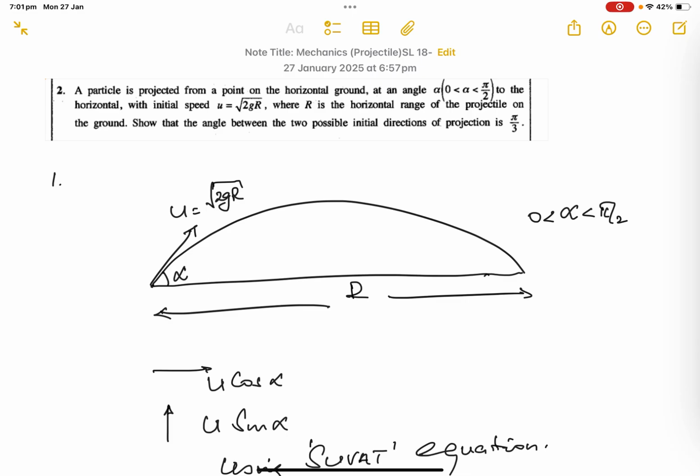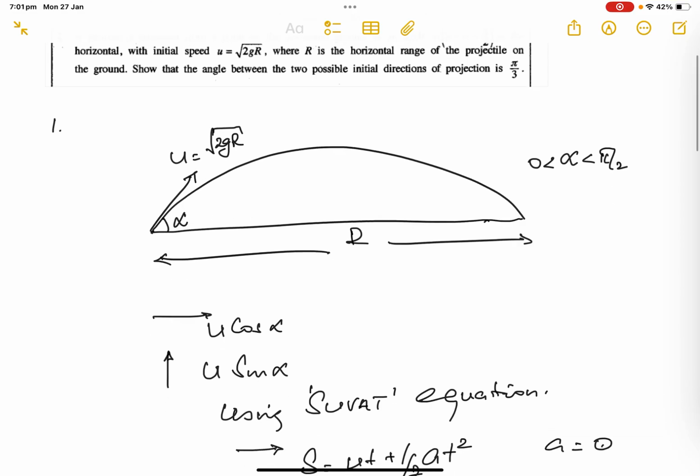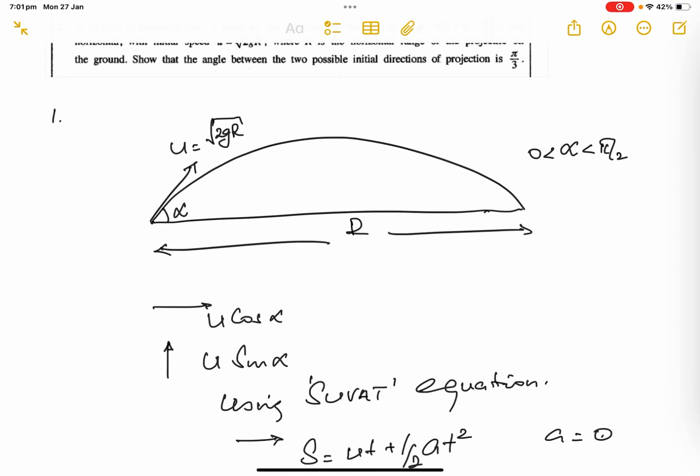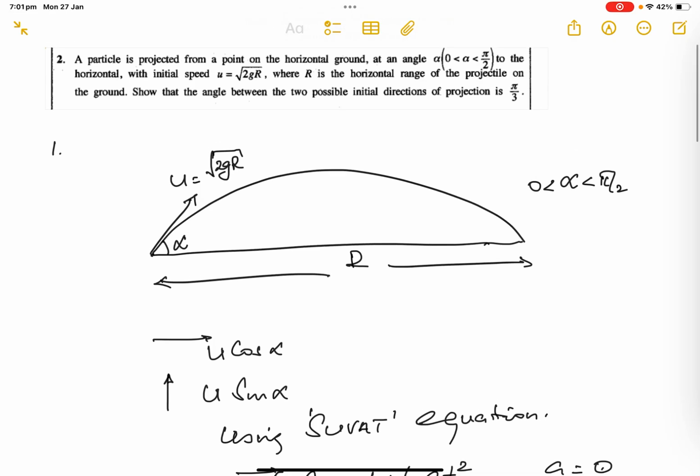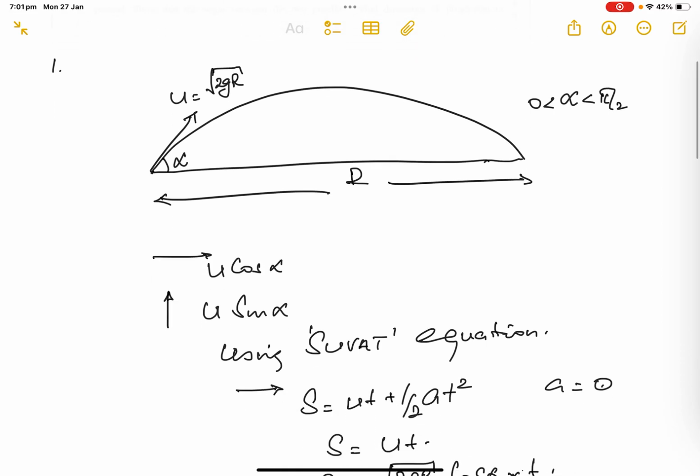Alpha is an acute angle between 0 and pi by 2, but as the question suggests, there will be two directions to get the range of R. So we need to find that the angle between those two is pi by 3, 60 degrees. So we're looking for two values for alpha. Let's see how we do it.